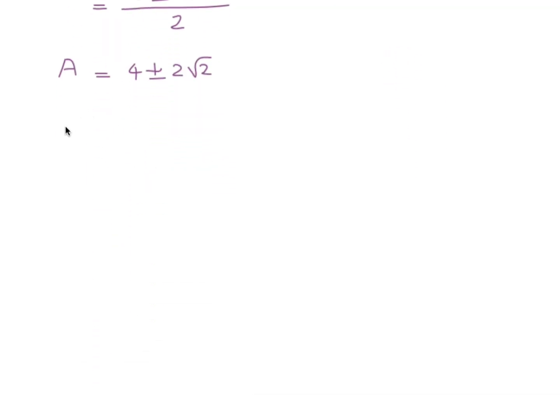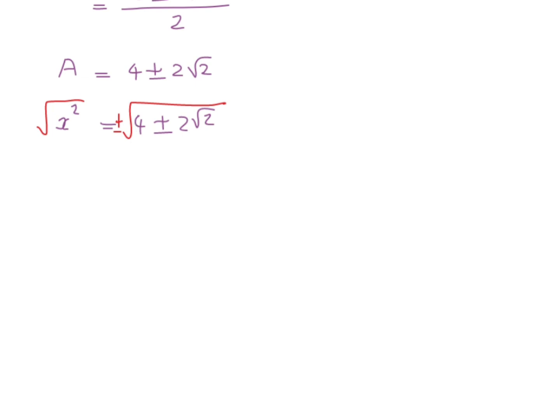So here we can put x square equal to 4 plus minus 2 square root 2. Now taking square root on both sides, and whenever we take a square root, the right hand side value is always plus minus.